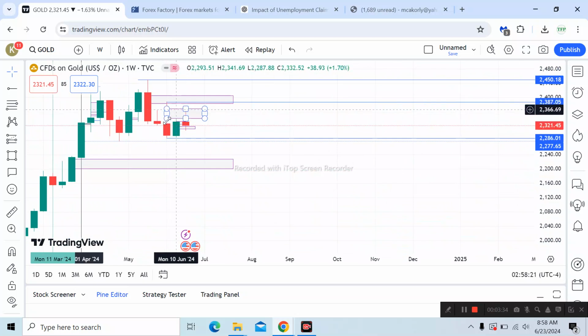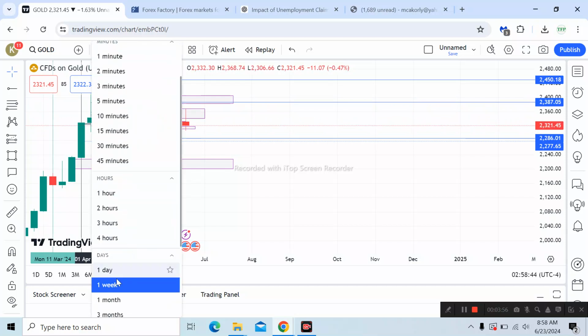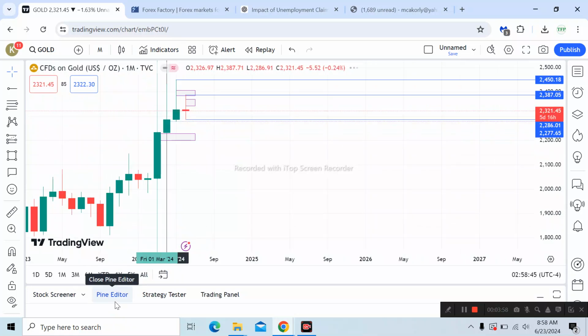Every candle you are seeing here is a 1 week candle, because I'm on a 1 week time frame. Prior to last week, price formed a buy candle, and this week price formed a sell candle. So how we are going to look at this is we are going to look again from the monthly time frame and see what's happening.